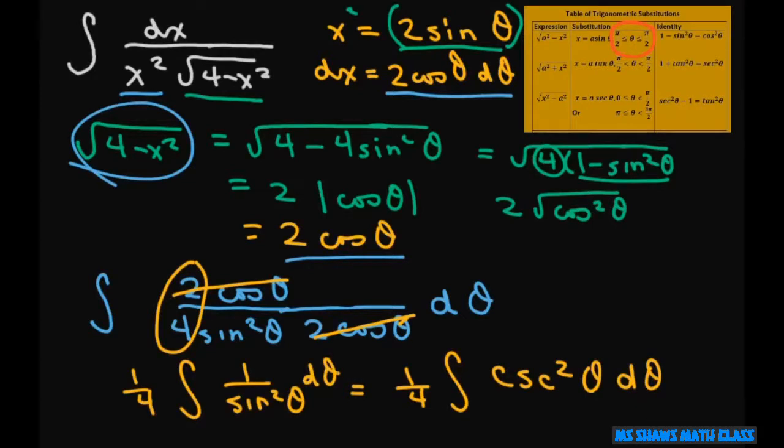That's why we like to use these tables of trigonometric substitutions. So what we have is 1/4 integral of cosecant squared theta d theta.